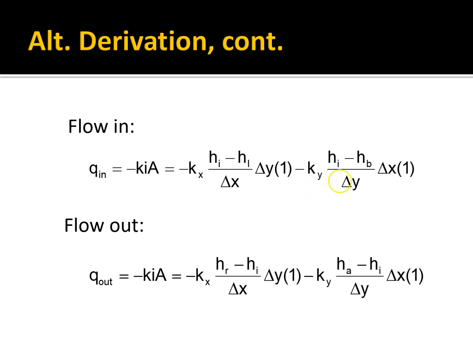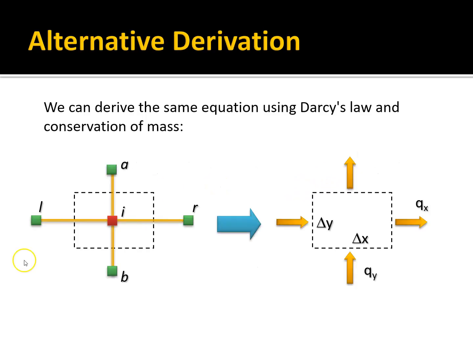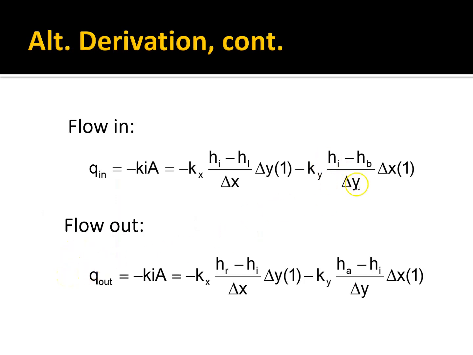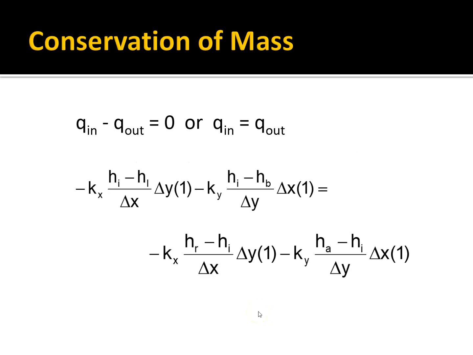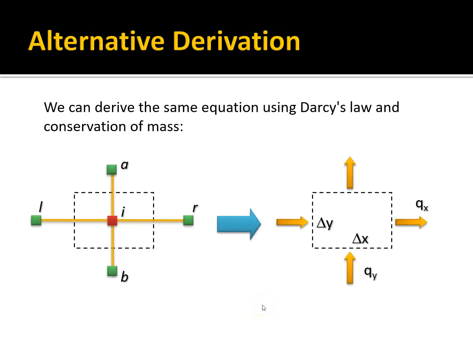And then coming in from the bottom, we have hi minus hb as our hydraulic gradient. The cross-sectional area is delta x. So that gives us this term here. And likewise, for the flow out, we look at hr minus hi, divided by delta x.